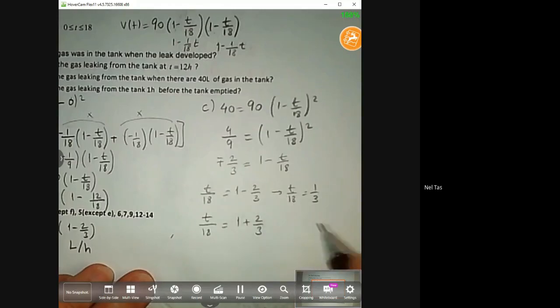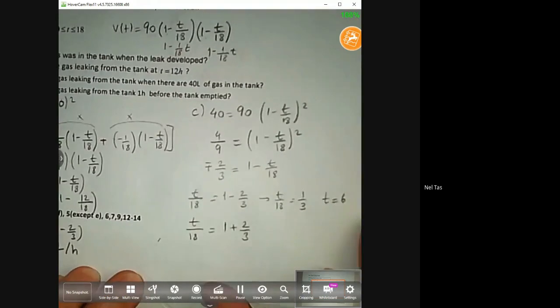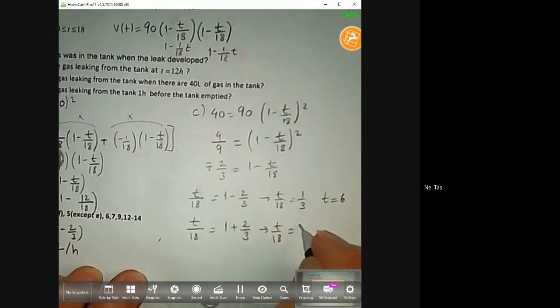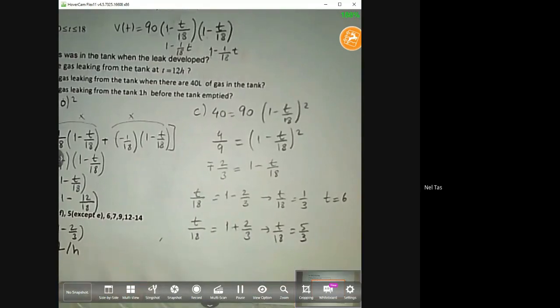So you get 6. Then you do the cross multiplication. This one, t over 18 equals 5 over 3. So you get 3t equals 18 times 5.